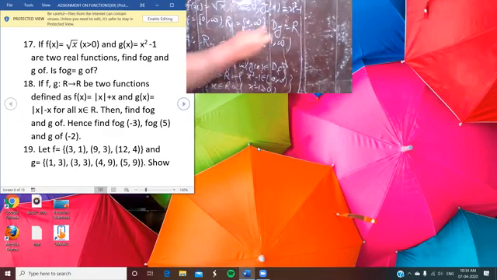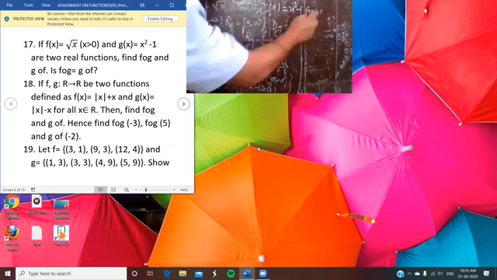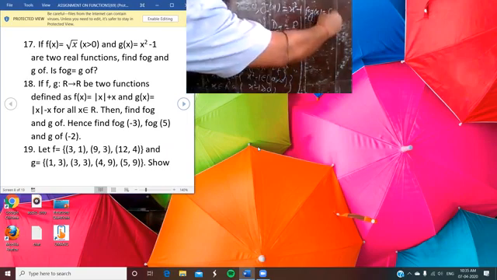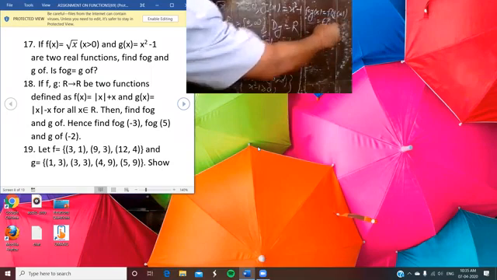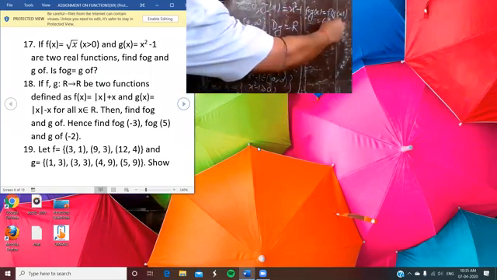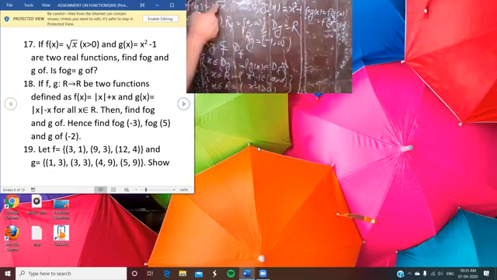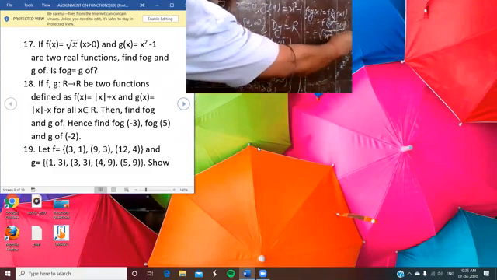Now, checking for the value of fog, you can write f of g(x), which is f(g(x)). Putting the value of g(x), which is x square minus 1, into f(x), that is equal to the square root of x square minus 1.